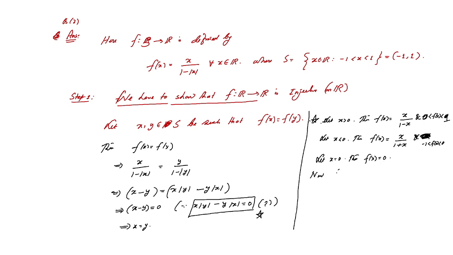Now, if f(x) equals f(y), in that case, x by 1 minus mod x will be y by 1 plus mod y. And from this condition, we can write x and y are either both positive or both negative.